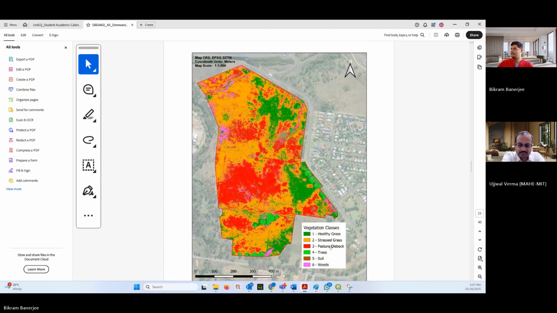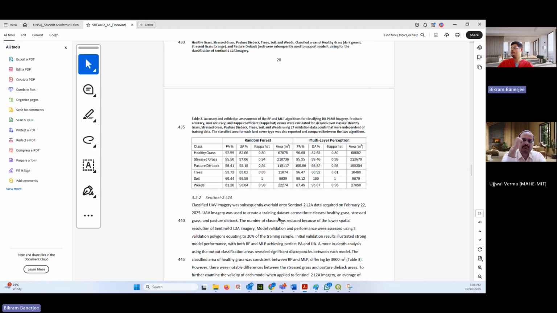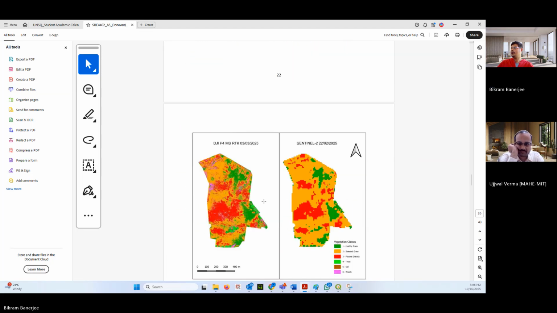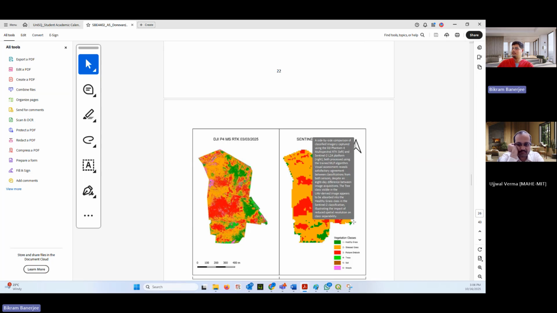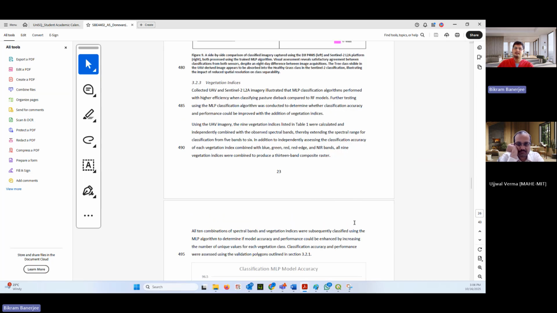So these red areas are the pasture dieback areas, and one is healthy grass. And this is taken from the drone. This one is the comparison between the drone and Sentinel-2. But this is Sentinel-2, and potentially it can be used, but he hasn't done the ComSat.